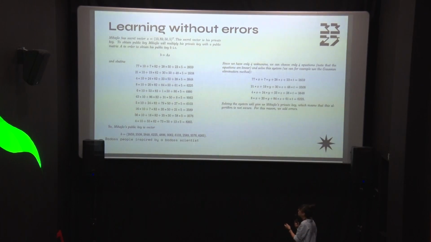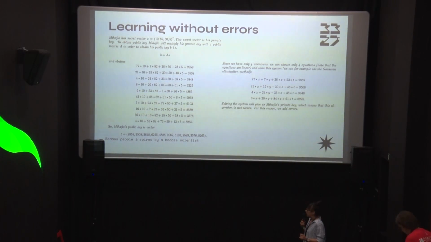So we can see here, this is the first column of our matrix A. This will be the second column, third, fourth. And this is the first coordinate of our secret key, second, third, and fourth. So this result here will be a vector, and this vector will be the public key of Mihailo. Okay? So it is very easy.